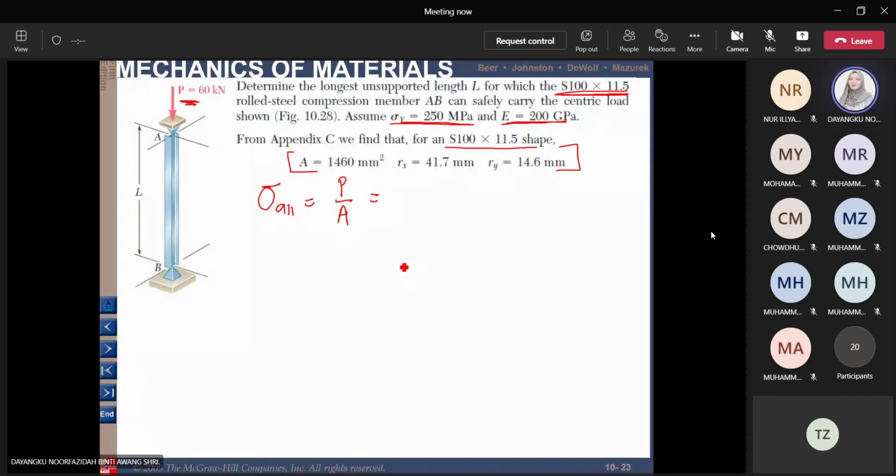You need to calculate the allowable stress because we need to determine the slenderness ratio. Sorry, the critical stresses.